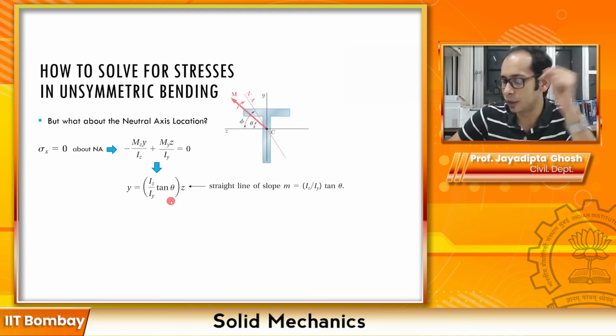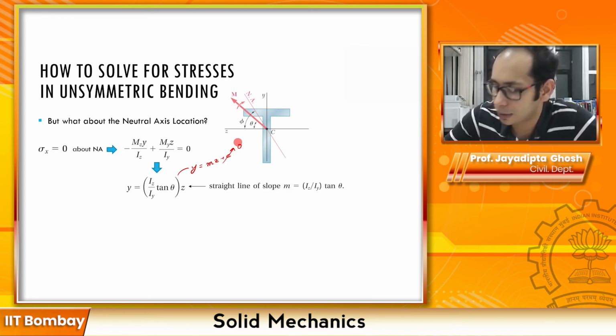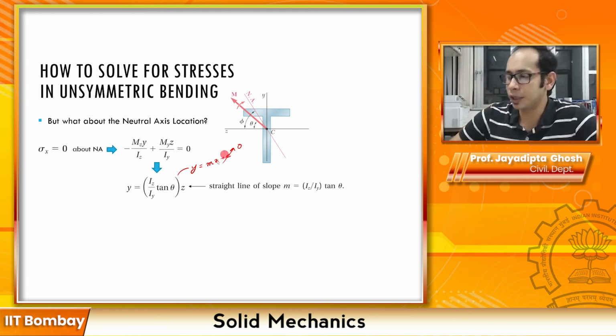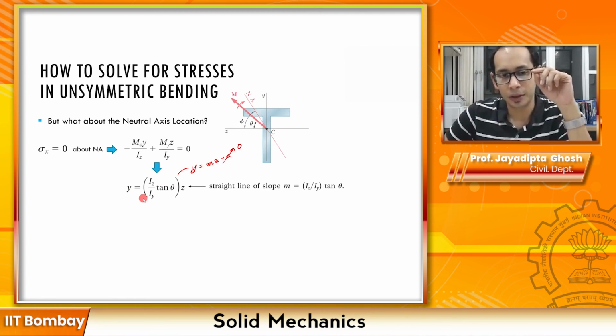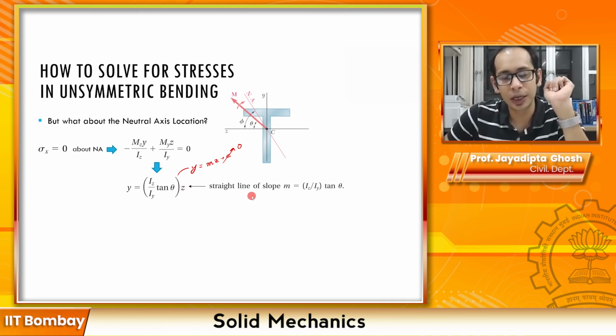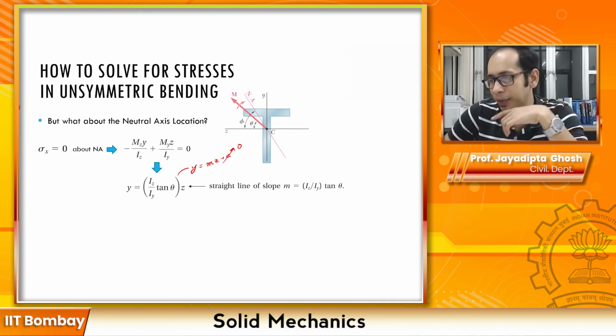So this is the expression y equals m z plus some constant c, where here c is 0. So this m is essentially the slope. This formula gives you the slope of the line about which your sigma x is 0.